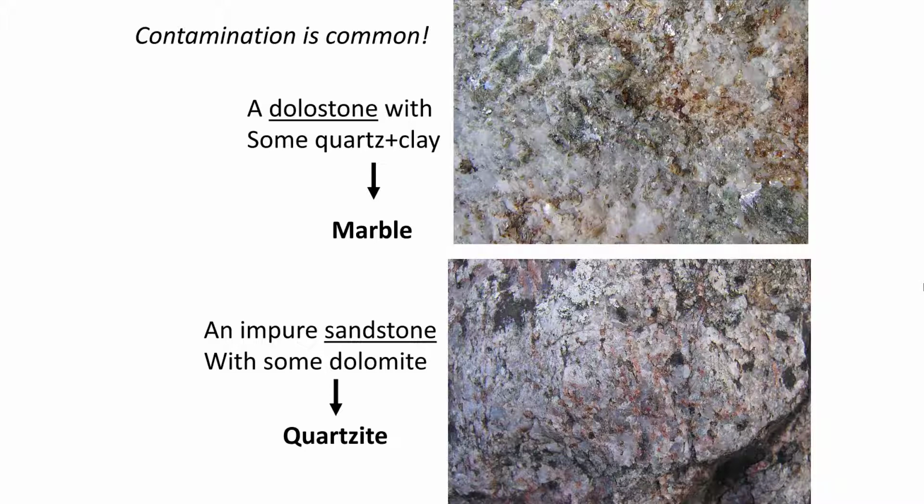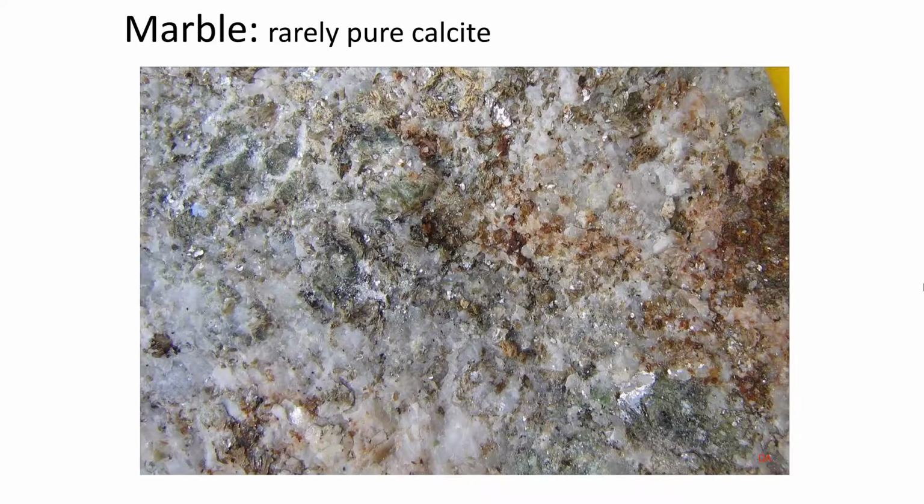On the bottom, an impure sandstone with some dolomite present will metamorphose into a quartzite. Again, it'll be a quartzite, however, there will likely be some grains of marble present because of the dolomite that was part of the original sedimentary rock. Here's a zoomed-in image of the marble that has contamination from what was clay and quartz.